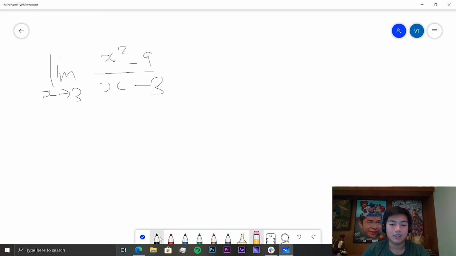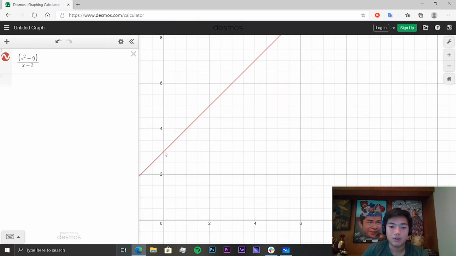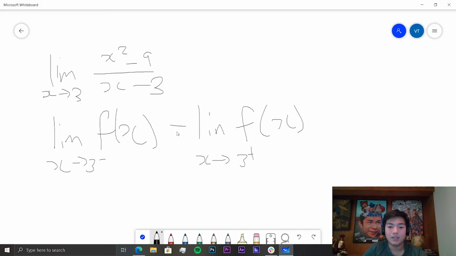So we have to ask ourselves, what is the limit of this function when x approaches 3 from the left side, and what is the limit as x approaches 3 from the right side? If you look at the graph, if we approach 3 from the left, we get 6. And if we approach 3 from the right, we also get 6. So since both of these are equal to 6, then the limit of this as x approaches 3 is equal to 6.